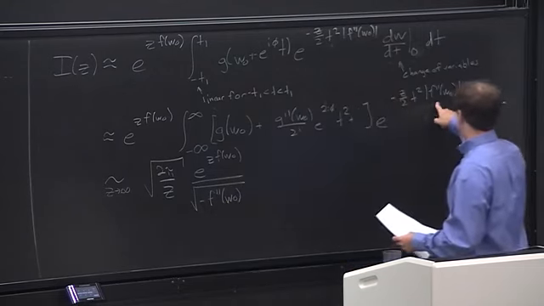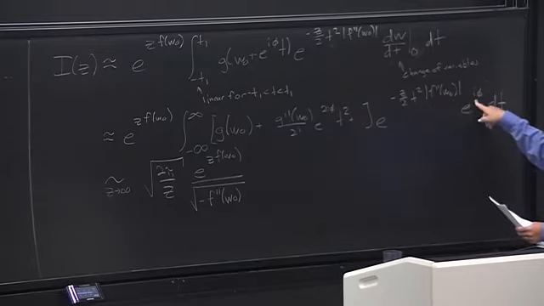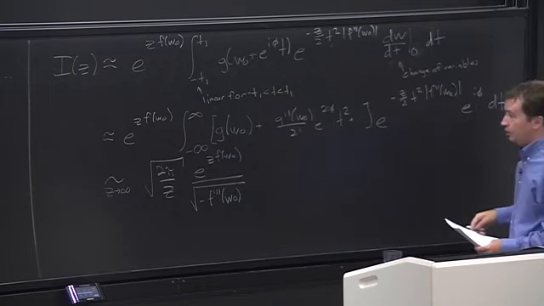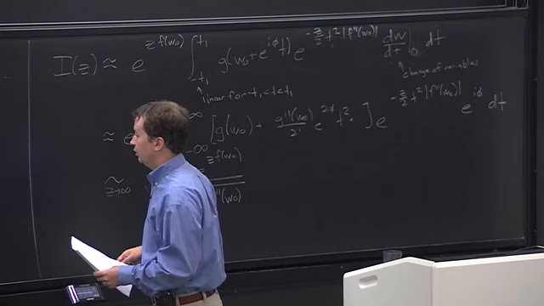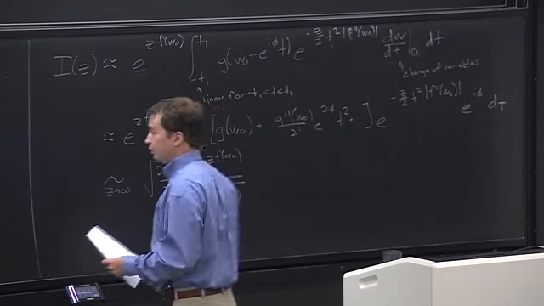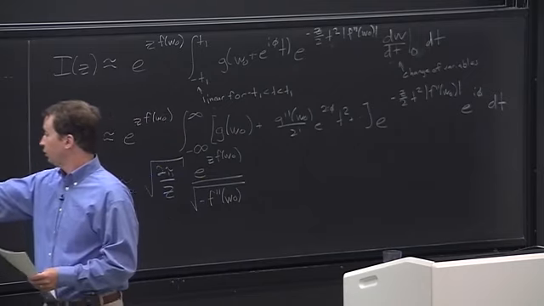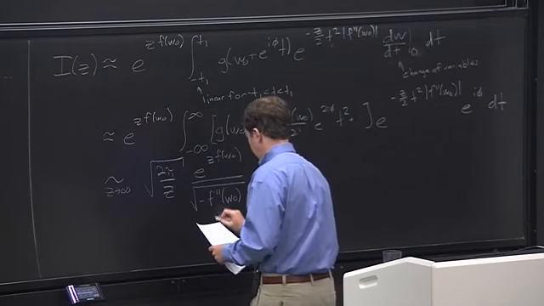So here we have an absolute value of f double prime, but we also have e^{iφ}. And so by combining the phase with this relation, we can eliminate the absolute value.